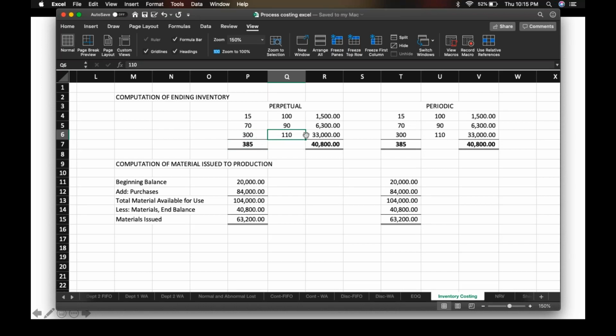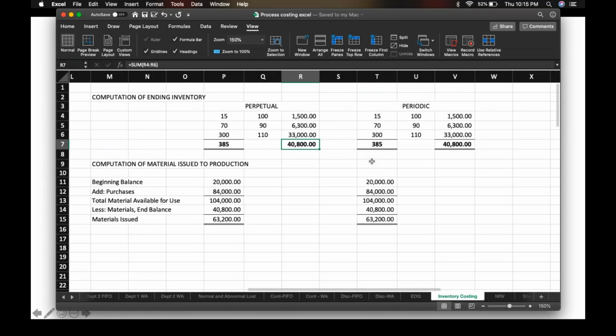So, nandyan pa yan sa stock cards natin, nasa warehouse pa natin. 70 at 90, and then 15 at 100, 40,800. Under periodic, wala siyang stock cards, but when he does physical counting, makikita niyang nasa warehouse natin yung 300 na tag 110, 70 na tag 90, and then 15 na tag 100.